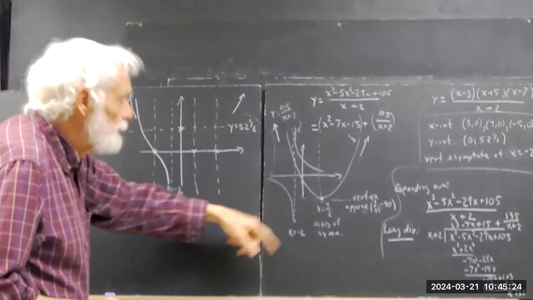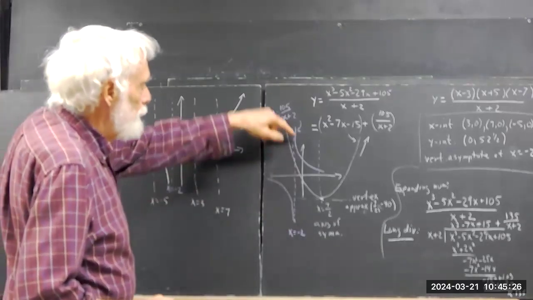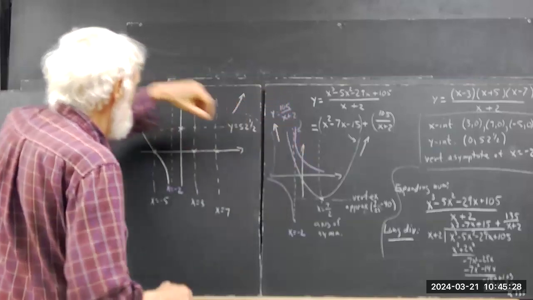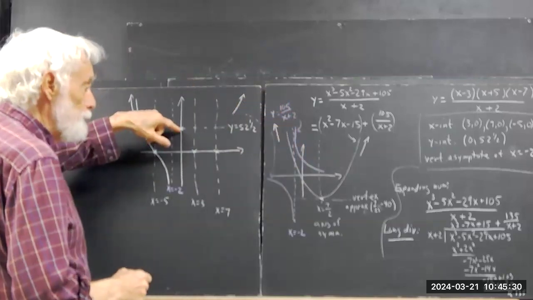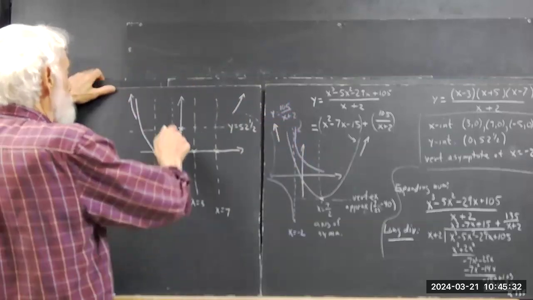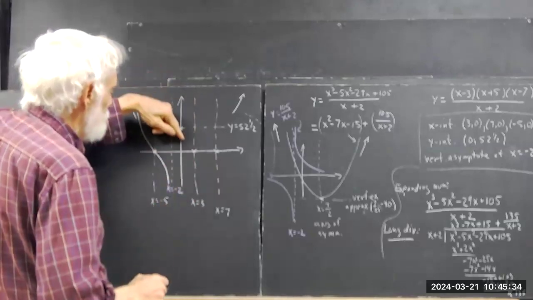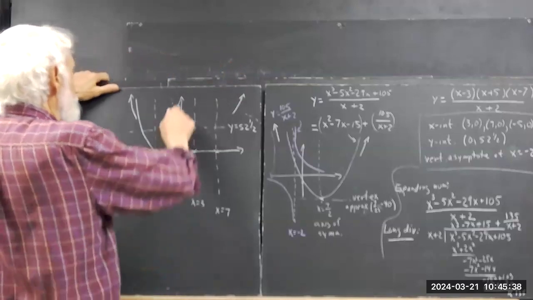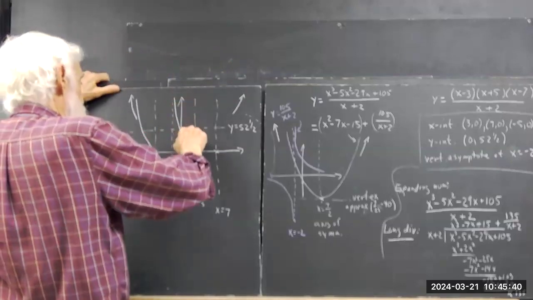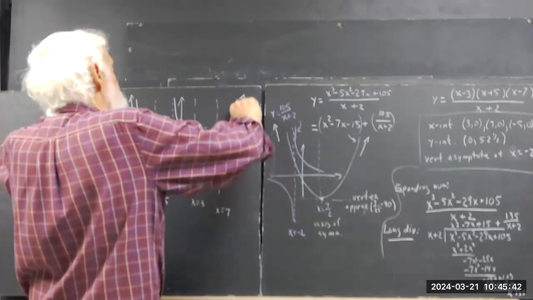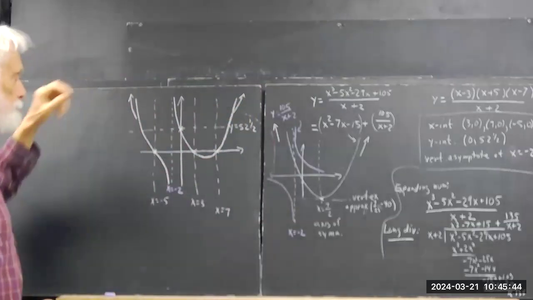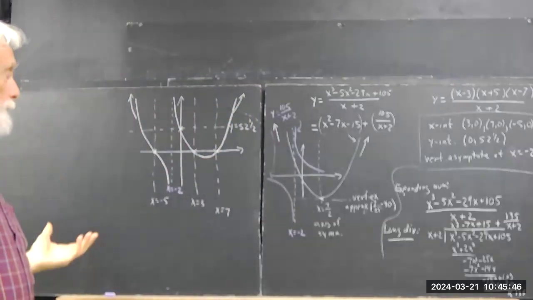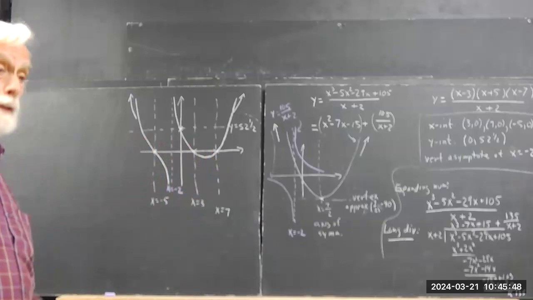So this behaves the way it's supposed to. And then it comes down from our vertical asymptote through the y-axis here. And it continues on down, so it can go through 0 here. Then it turns around and takes off back up. So it looks like this. And that's the graph of our function.